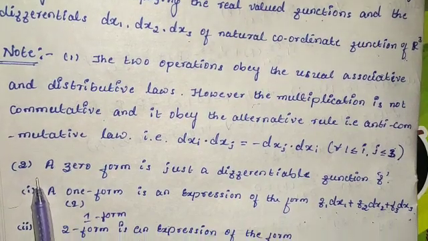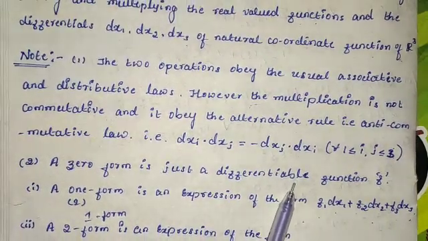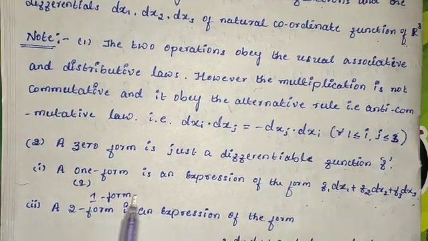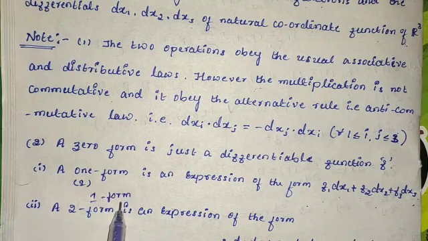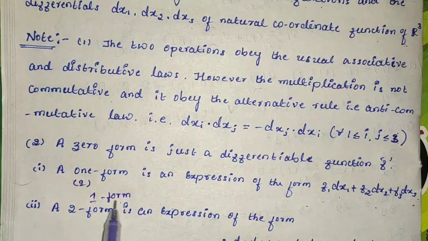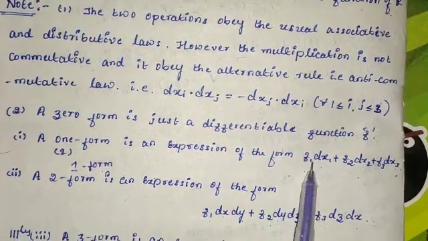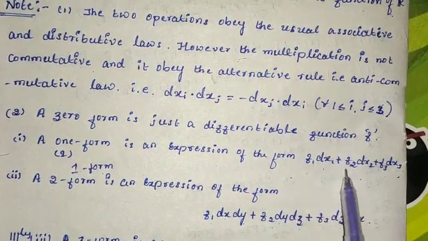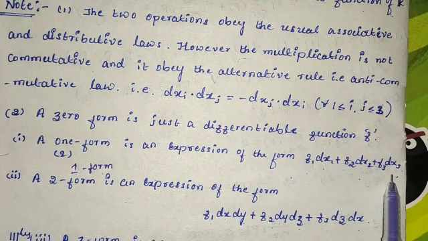Then we move on to the second one. A zero form is a differentiable function f. A one form is an expression of the form f1 into dx1 plus f2 into dx2 plus f3 into dx3.